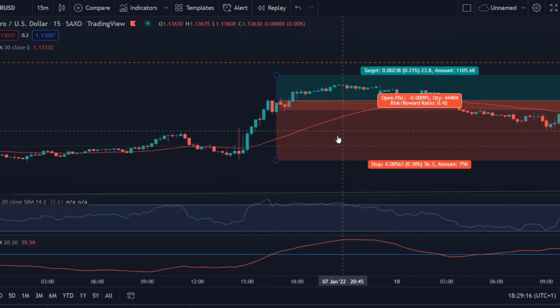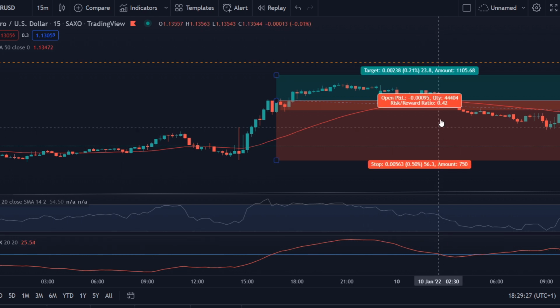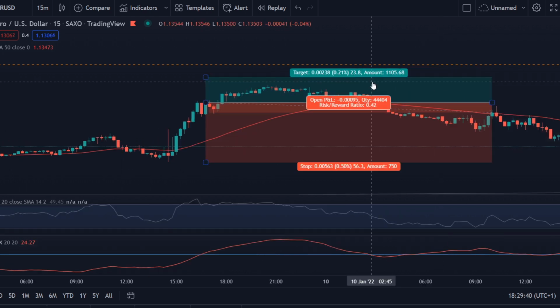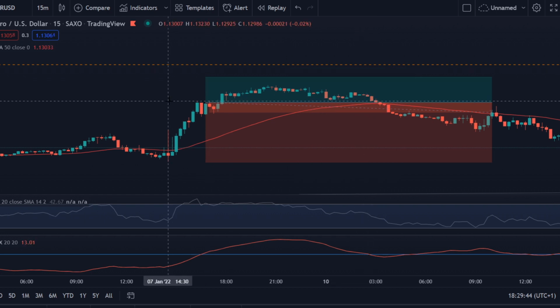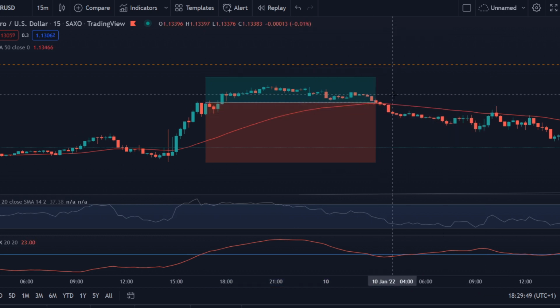And then we need to wait for the ADX to cross the 25 level, which is about here. And then we close the trade, so over here. So that basically means that we are closing the trade at break even. As you can see, we close the trade at about break even. So that is an example of a buy opportunity.